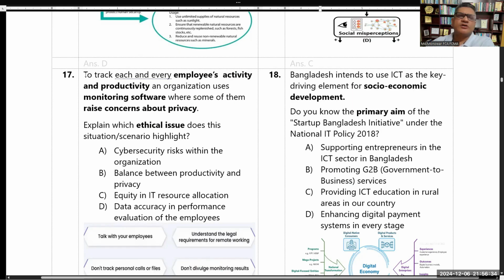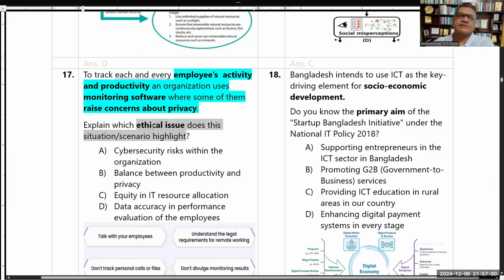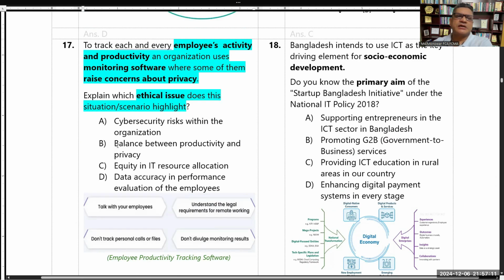Answer C. To track each and every employee's activity and productivity, an organization uses monitoring software, and some employees raise concerns about privacy. Explain which ethical issue this situation highlights. It's a balance between productivity and privacy.